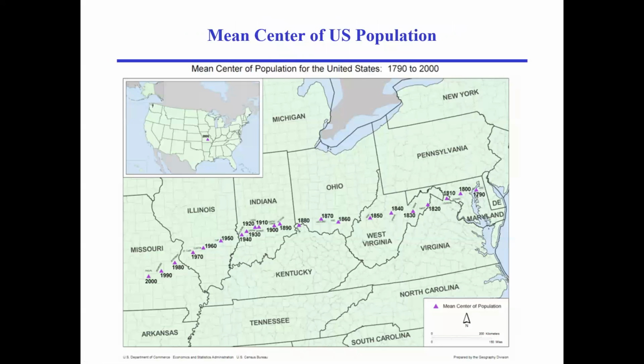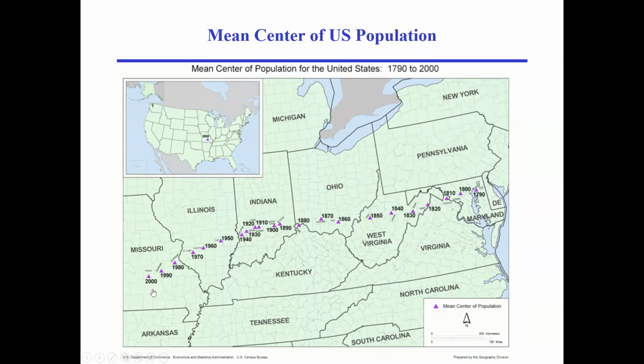Okay, here is an example. So this is a map for United States, and here we have small purple triangles. Each triangle is a mean center of population for US within a specific year. So for 1790, the population mean center of United States is somewhere in Maryland, New England area. And then 1800 to the west a little bit, 1810 to the left, to the left, to the left.